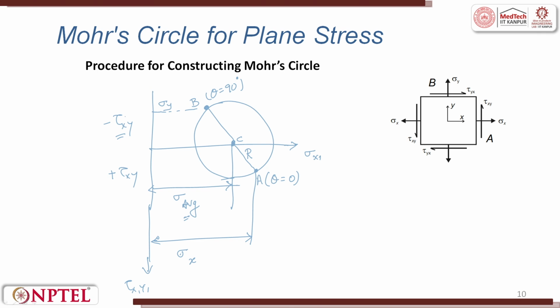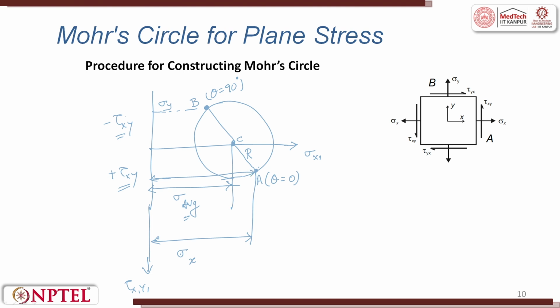So, now CA becomes the radius. And the magnitude of A is also defined by tau xy.